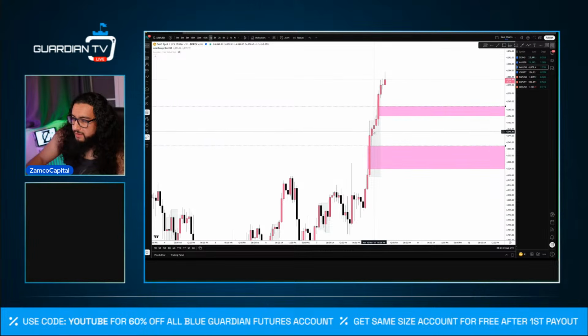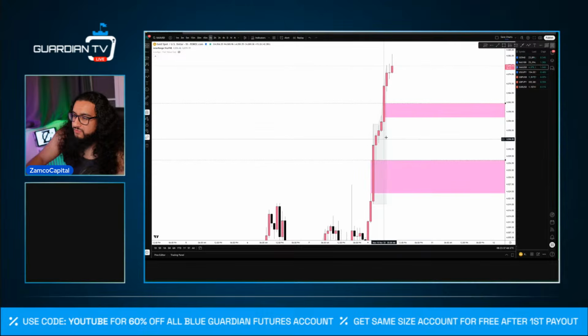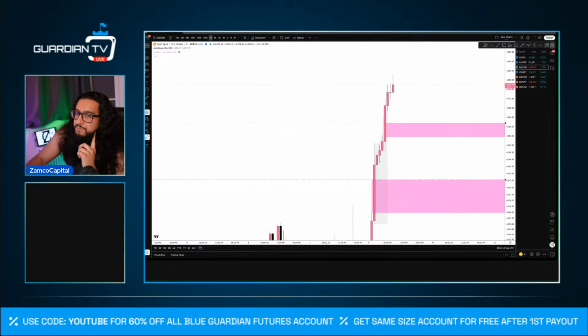So right here, I was expecting gold to come down to this hourly inefficiency to then go up. So I was thinking maybe I should just take a sell on gold, expecting it to come down to here. And then I can maybe also catch the buy. So I was debating whether or not I should take this sell. And I'm very, very happy that I didn't, because I would have just got smoked, right?